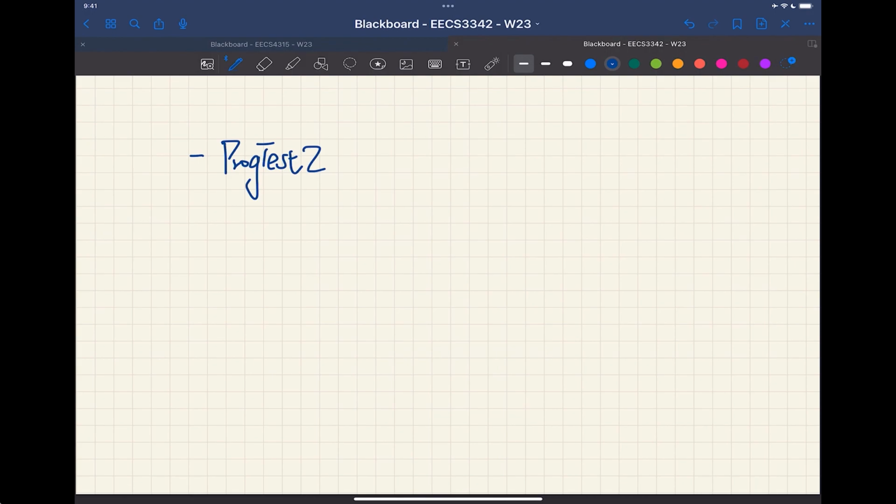However, for programming test 2 specifically, what you should really go over is part 1, so part 1 of your lab number 3 and also your practice test 2. When I say part 1, that means mainly how you can define the context using quantification, defining mathematical objects.